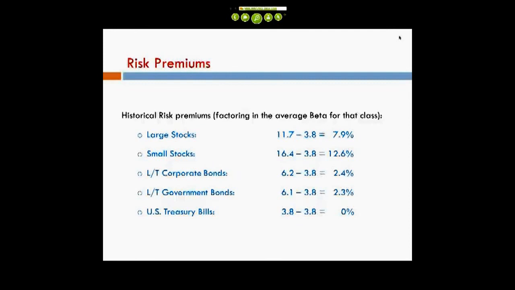If you're at a company that might have a very long horizon or stable business, you could say something else. But if you use T-bills today, your risk-free rate is going to be really low.